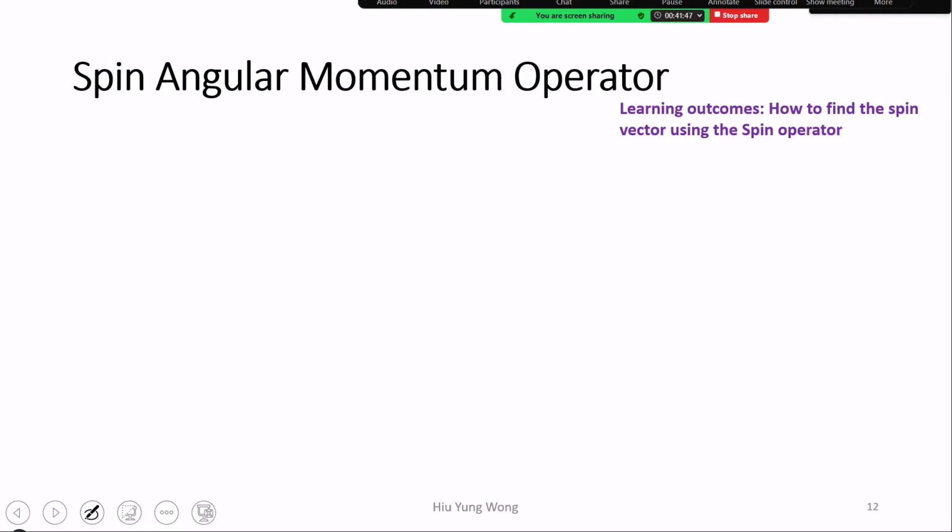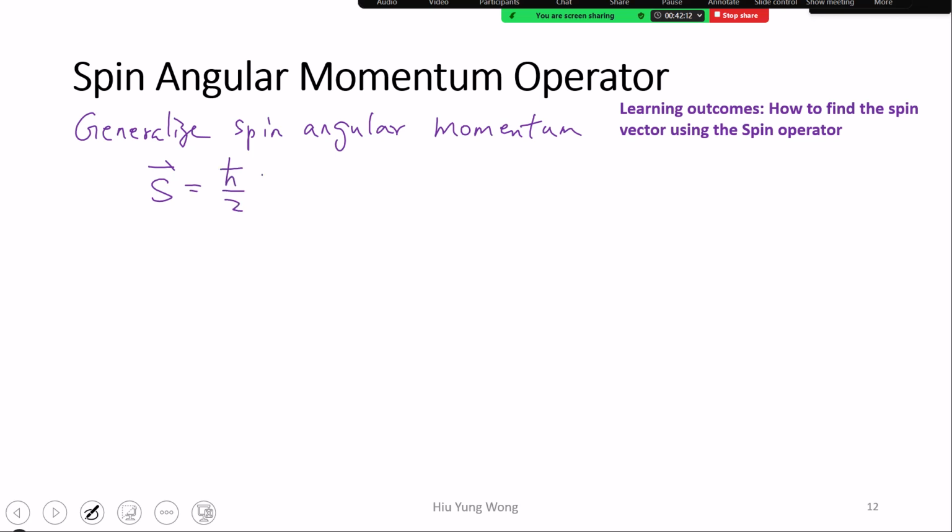So I'm going to generalize the spin angular momentum. And you need to trust me, this is true. Just take it. The spin angular momentum is defined by h bar over 2 sigma vector. Do you remember what this sigma vector is?